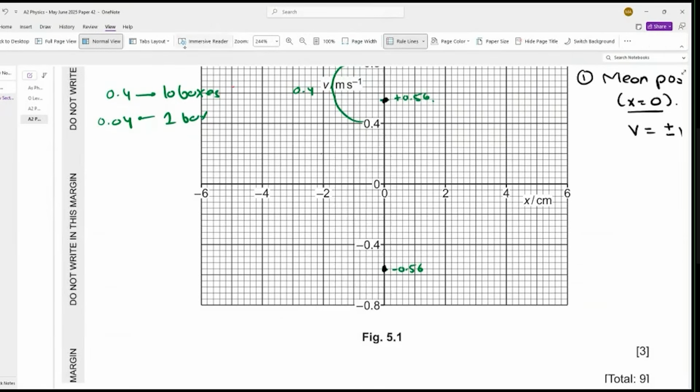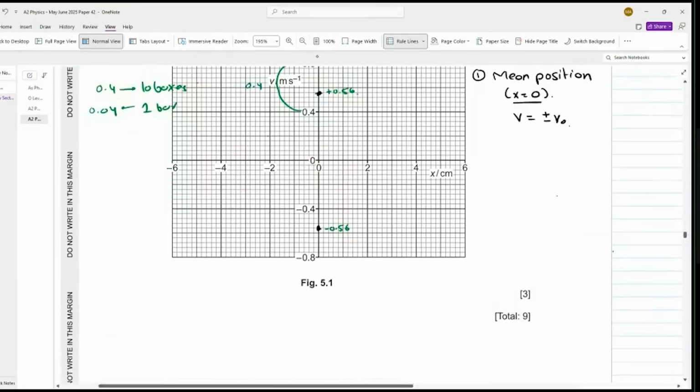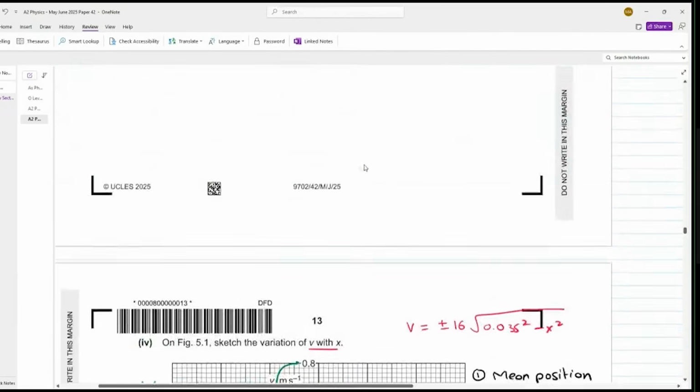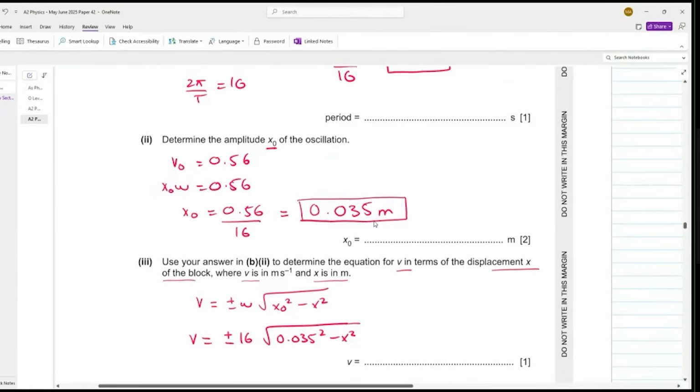Now, furthermore, one more key point that you need to remember. At the extreme position, when do extreme positions occur? When your displacement is equal to x naught. What is x naught here? What is the amplitude here? 0.035 meter.